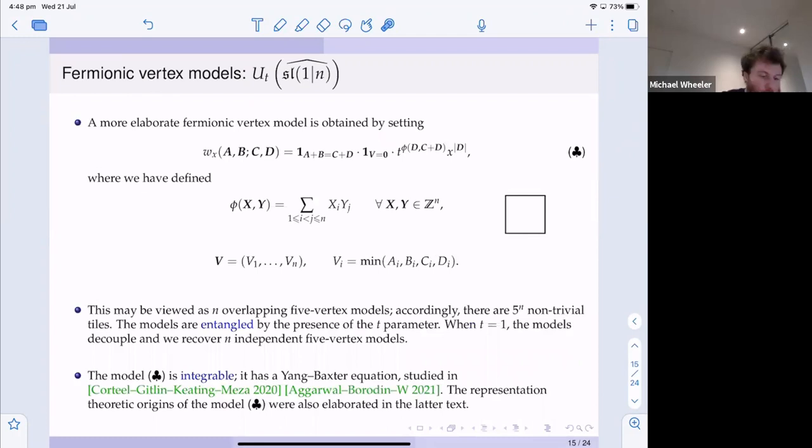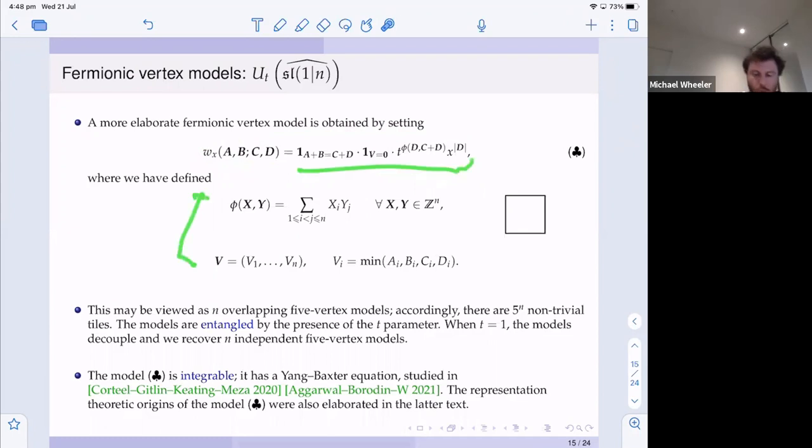Well, there is a higher rank generalization of the 5-vertex model, and really this model has not appeared so much in the literature apart from very recently. And so this is the explicit form for the weights of that model. So again, I go back now to the n-dimensional case. So each of these states now is going to be an n-dimensional binary string, and that's the explicit form.